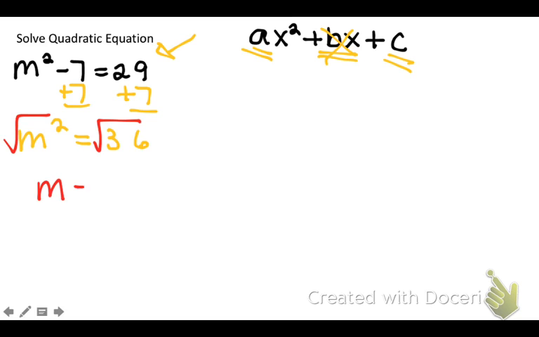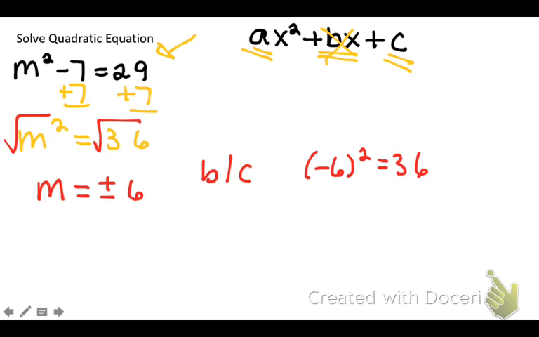So m equals plus or minus 6. And this is because if I had negative 6 squared, I would get 36. And if I had 6 squared, I get 36. So we can solve a simple quadratic equation that does not have a b term by just using square roots.